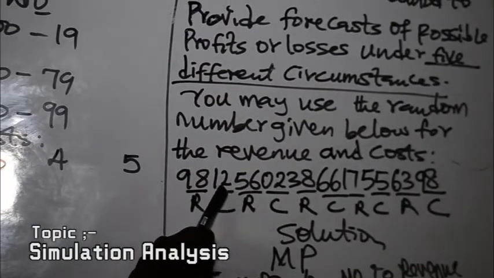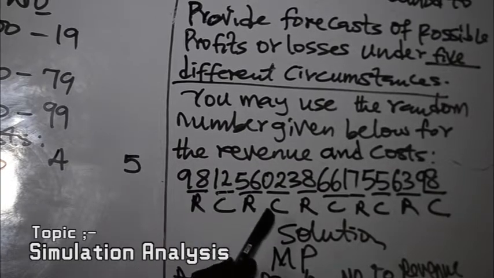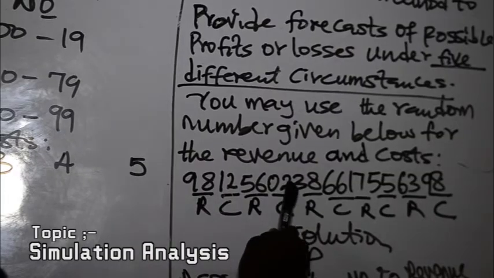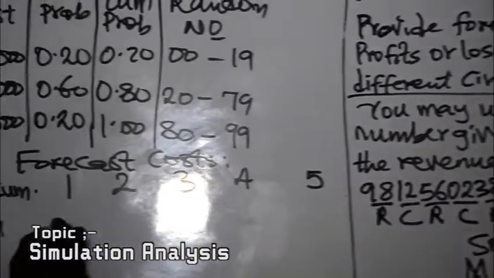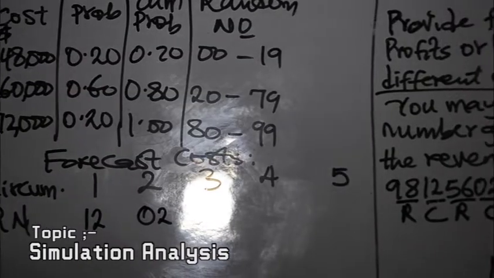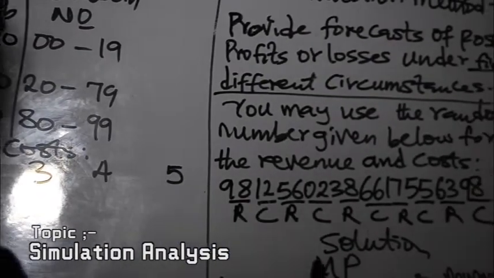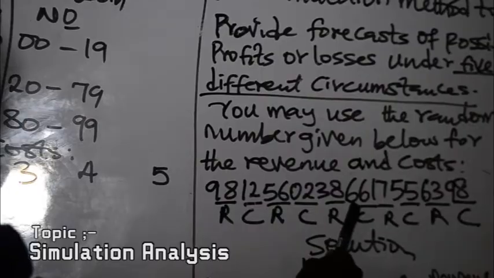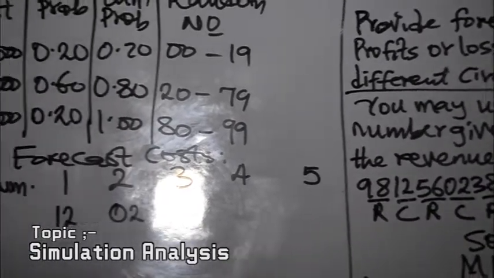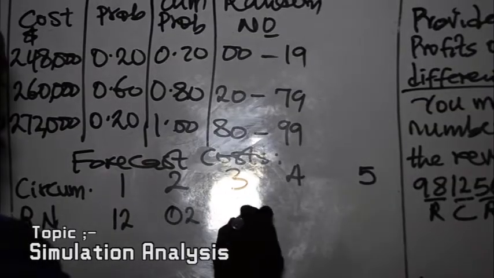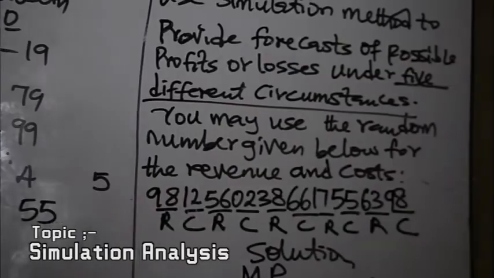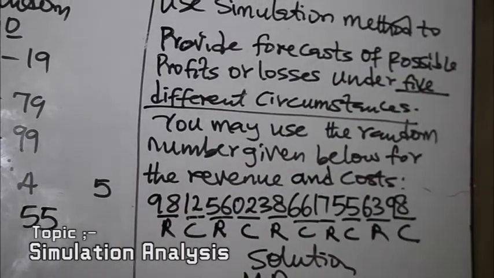The first one is 12. The second one is 02. The third one is 66, while the fourth one is 55. And the fifth one is 98.